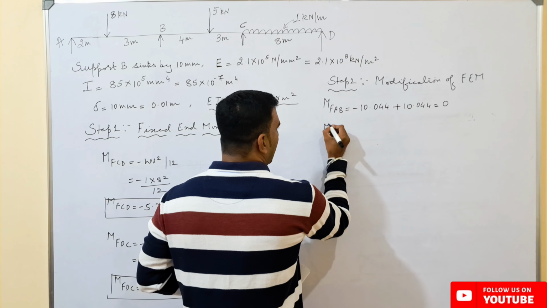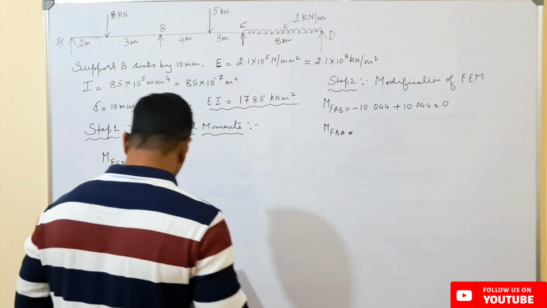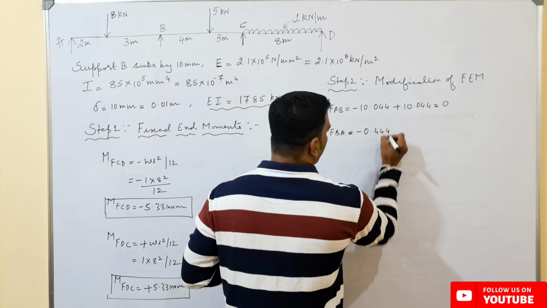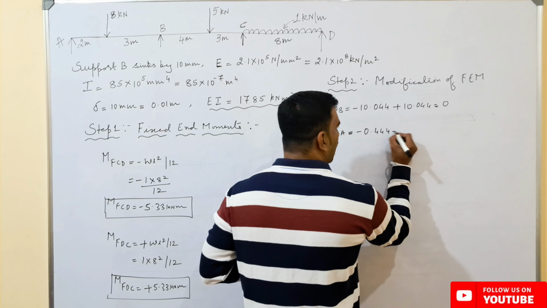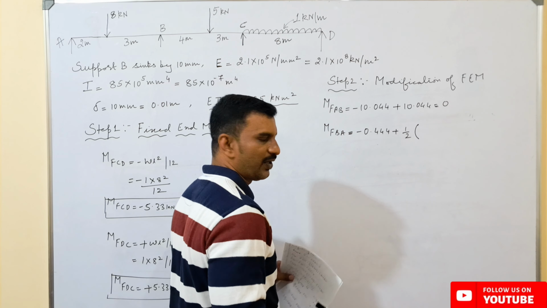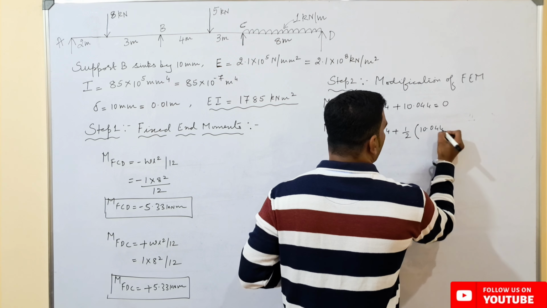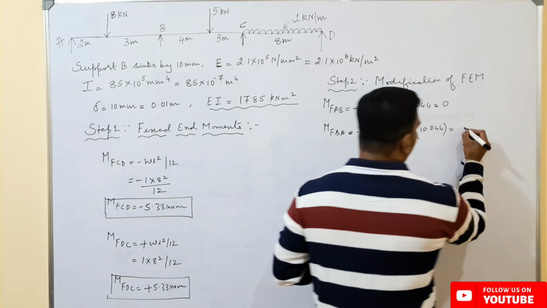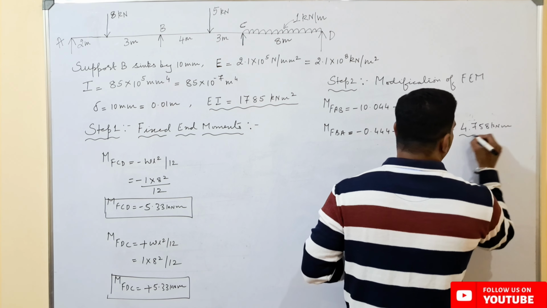So the fixed end moment from point B to A is minus 0.444, plus half the value of the additional moment we have considered here, which is 10.044. So this value will be equal to 4.758 kilonewton meters.